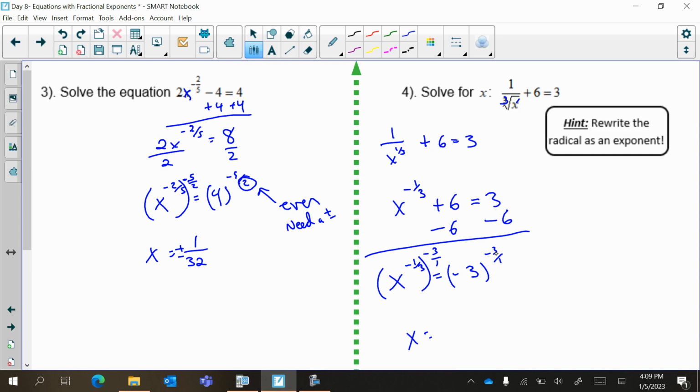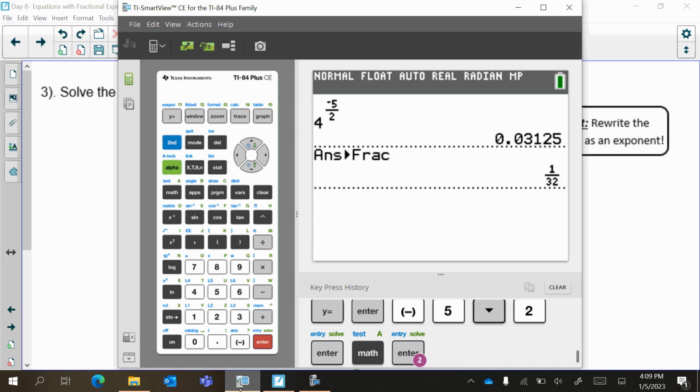So if you didn't know it, 3 to the 3rd power is 27. We're going to have 1/27 because of the negative exponent and the negative base. And if you don't believe me, just use your calculator.